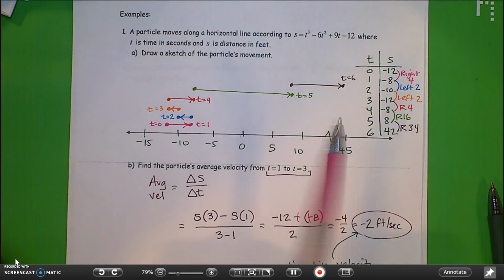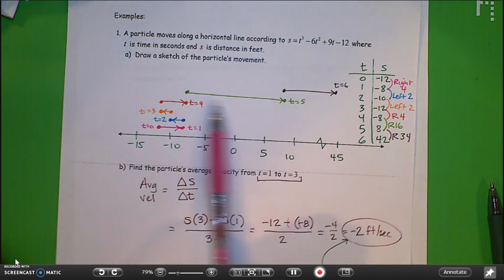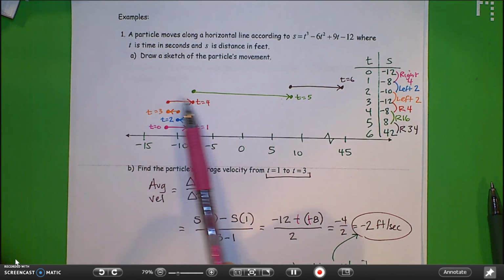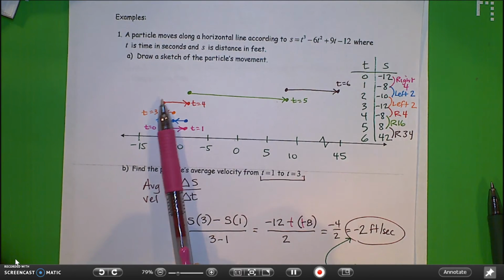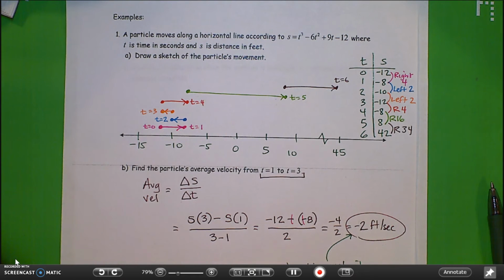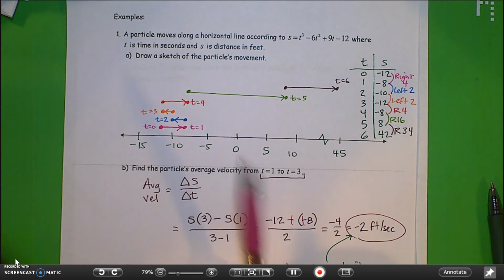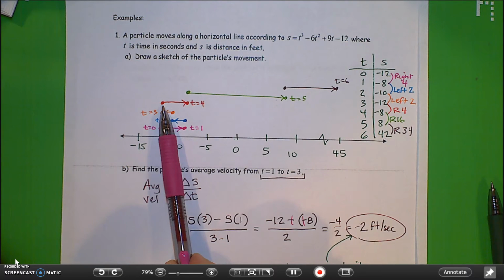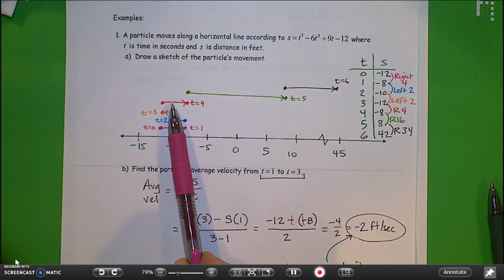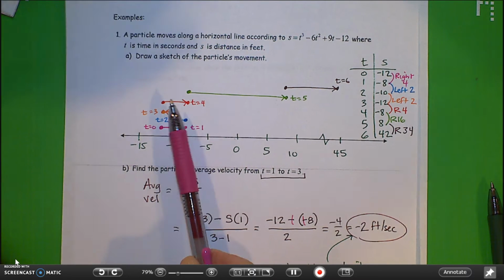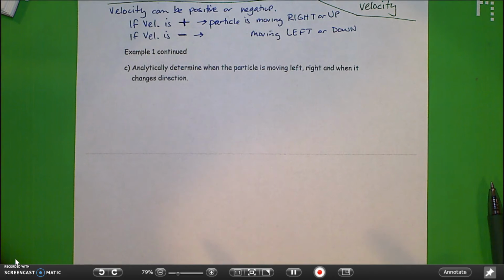And if you think about it, if something is moving to the left and then changes and moves to the right, it has to come to a stop in order to change directions. So anytime we're changing directions, the velocity at the point that it changes direction must be equal to 0. So we're going to use that to our advantage.